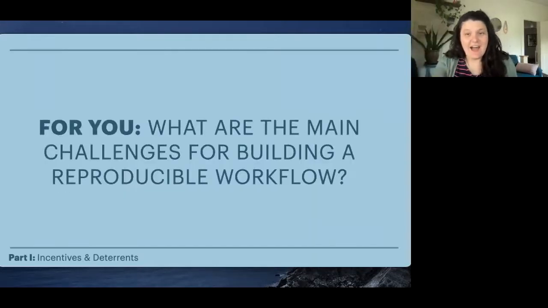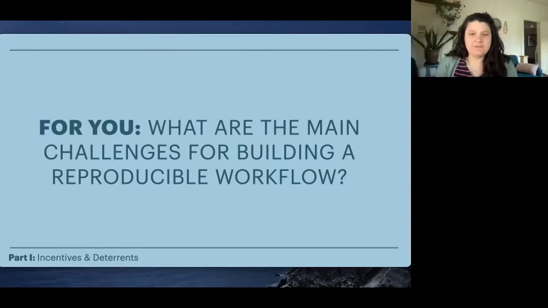So as you can see, I am completely obsessed and convinced of the power of reproducible tools and methodologies, but that really doesn't tell the whole story. There are a lot of deterrents that face a lot of researchers, which is why reproducibility is not wholly adopted in every research community or with every researcher.